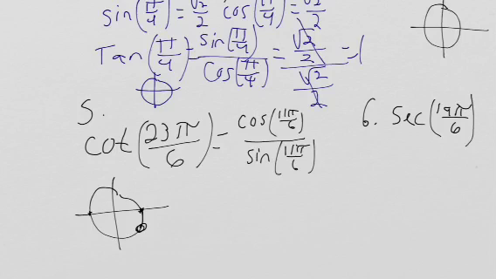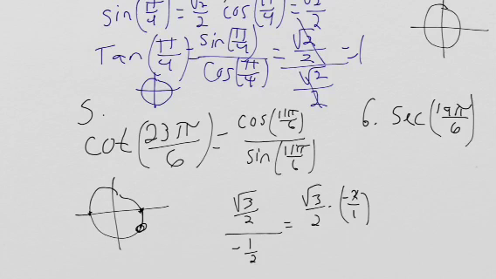Cosine of 11 pi over 6 is positive root 3 over 2. Sine of 11 pi over 6 is negative 1/2. Alright, so then if we just divide those fractions, we get square root 3 over 2 times 2 over 1. The 2's cancel, so our final answer is just negative root 3. Sweet, that is our final answer then, negative root 3.